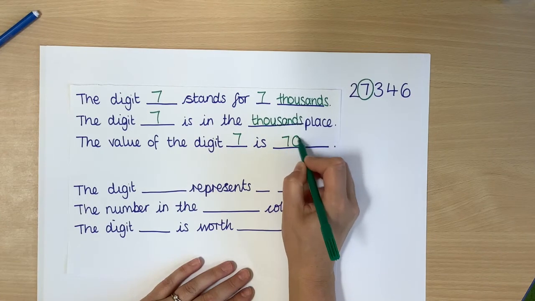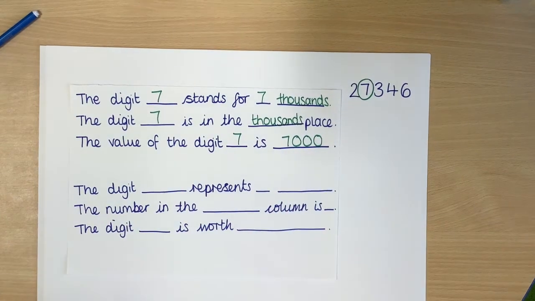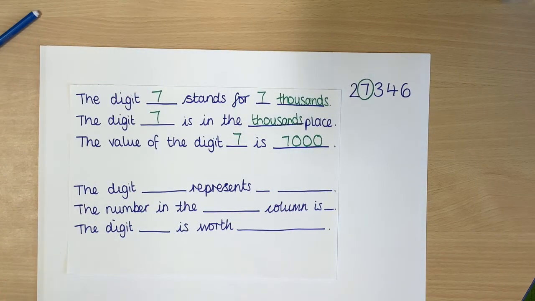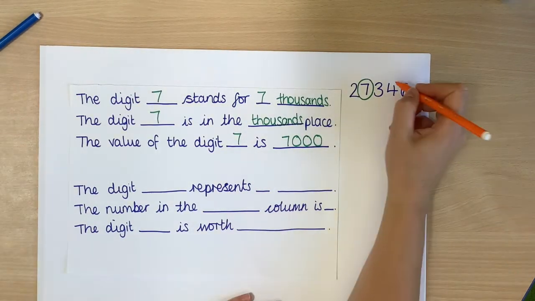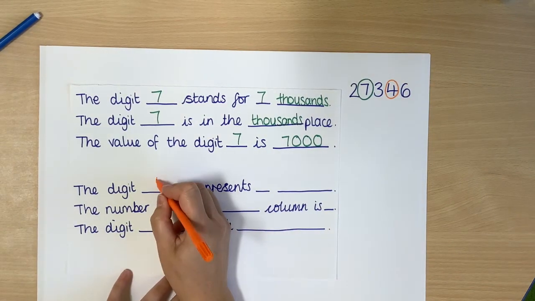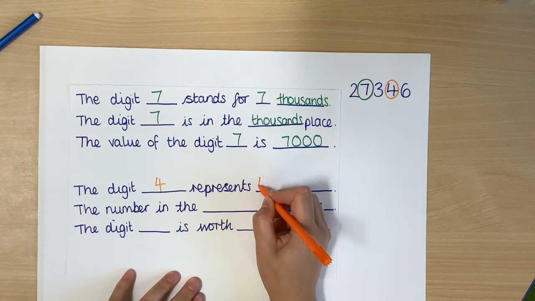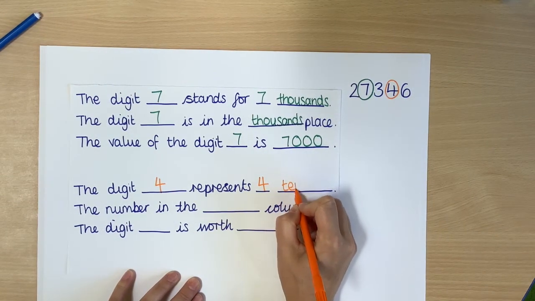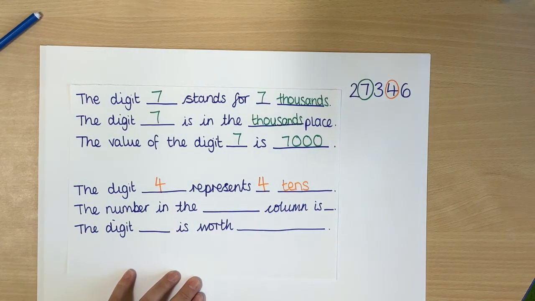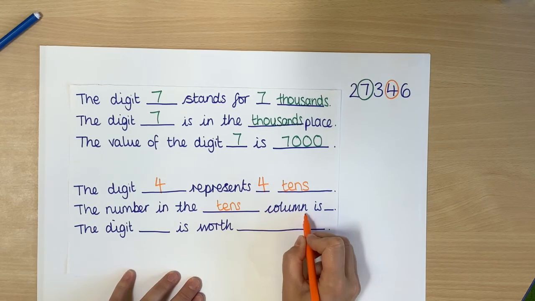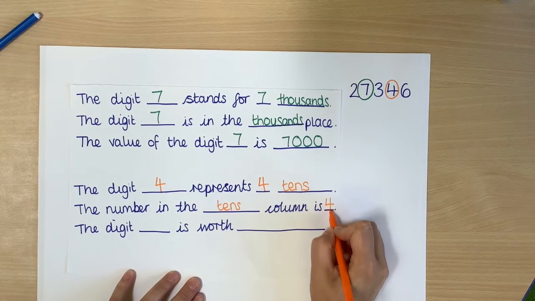The value of the digit 7, how much is it actually worth? Is worth 7,000. Okay, let's try it with one of the other digits, and we're going to phrase our words this time slightly differently. Let's take the 4. The digit 4 represents 4, well, that's the ones column, it's the tens column, 4 tens. The number in the tens column, using column this time, is 4.